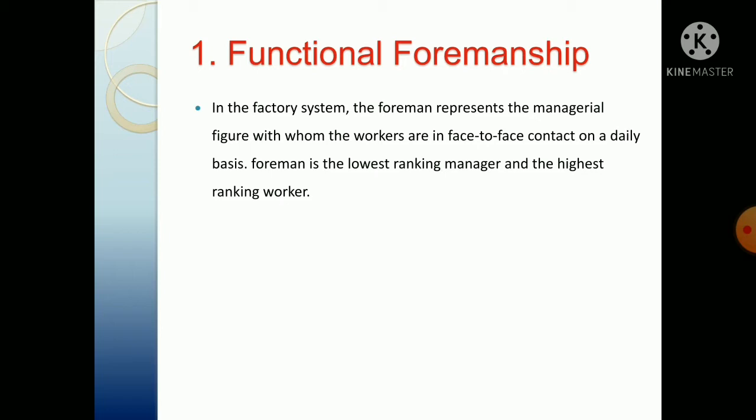system. In a factory, the main worker, that is the foreman, represents the managerial figure with whom the workers are in face to face contact on a daily basis. So the foreman is the lowest ranking manager and the highest ranking worker.